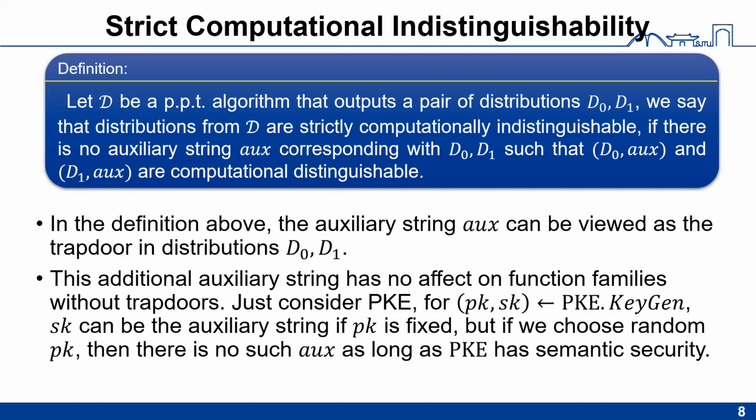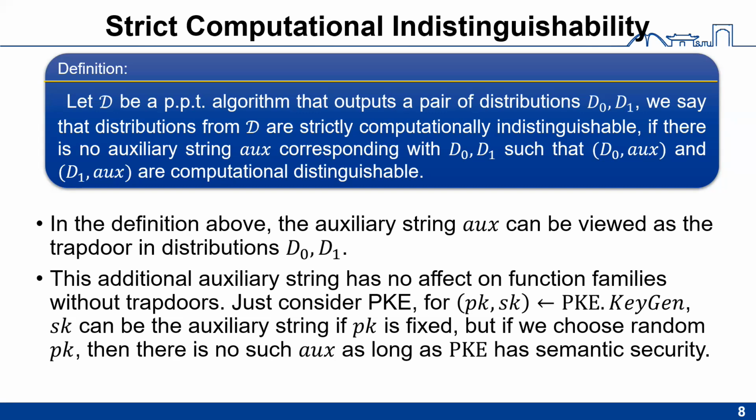We say that the distributions from D are strictly computationally indistinguishable if there is no auxiliary string args corresponding to D0 and D1 such that D0 with args and D1 with args are computationally distinguishable. Well, that's the formal definition of strict computational indistinguishability.